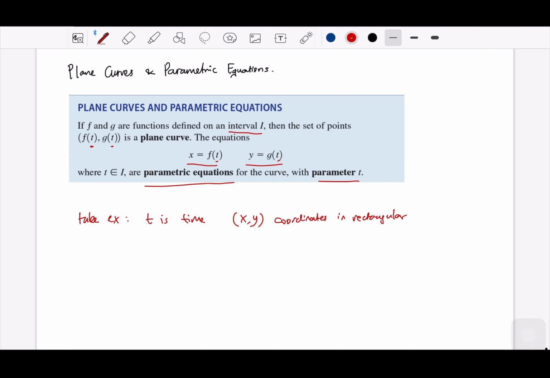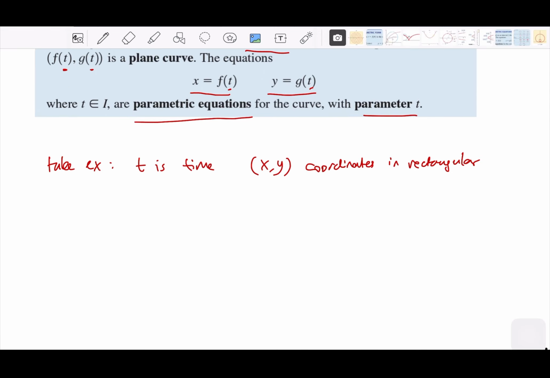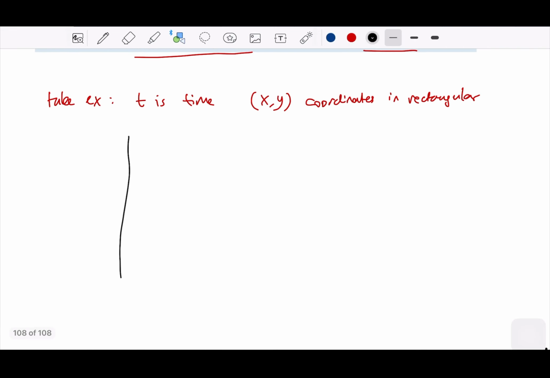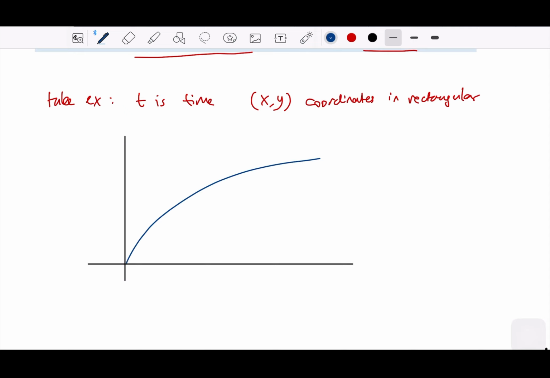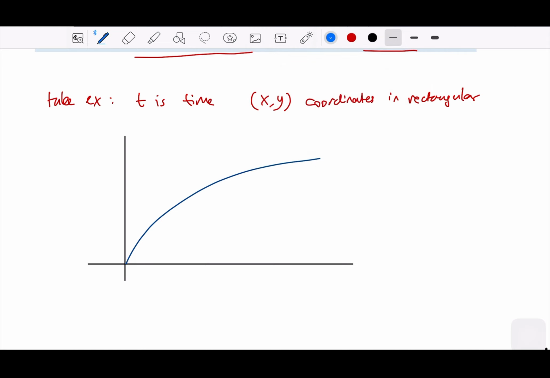So for example, if we want to visualize the motions, the motions of kinematics, like you've done in physics previously, right? Let's say we have this curve. We are going to have, for each t, for example t0 start from here.